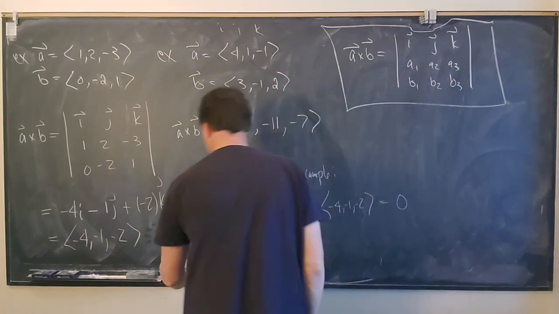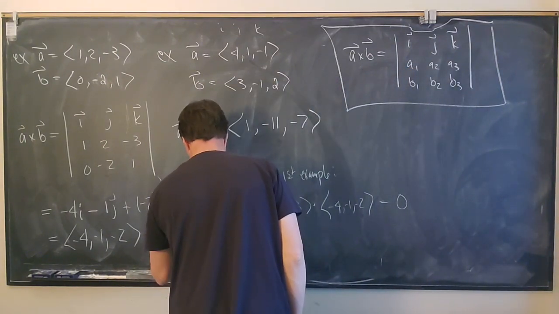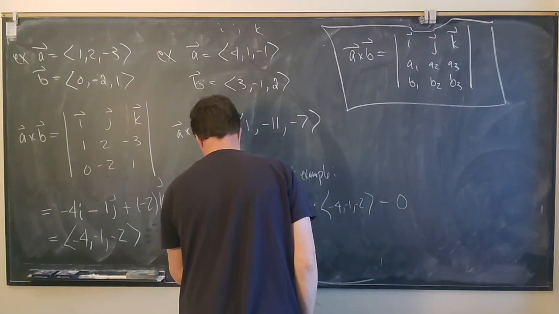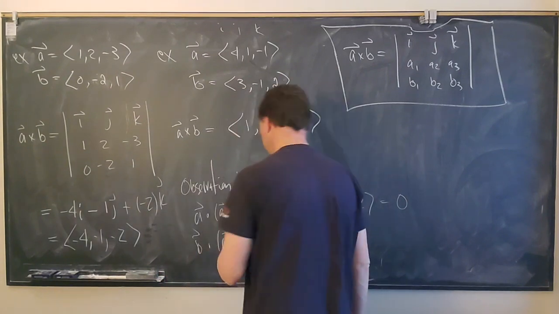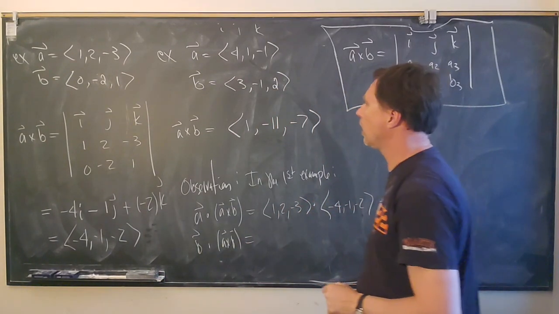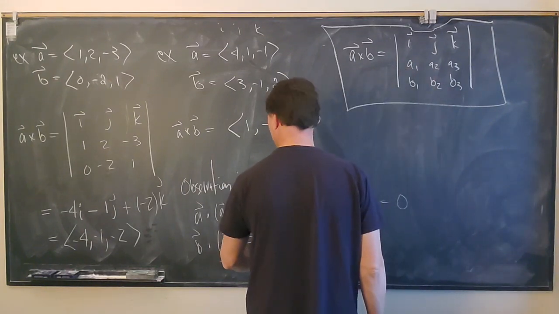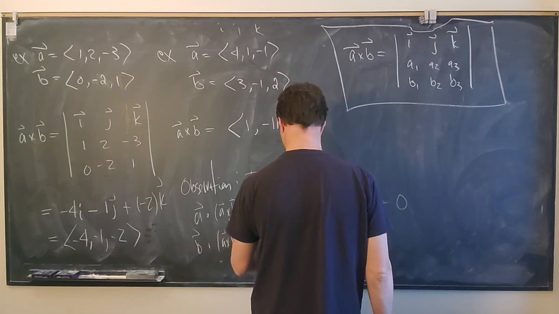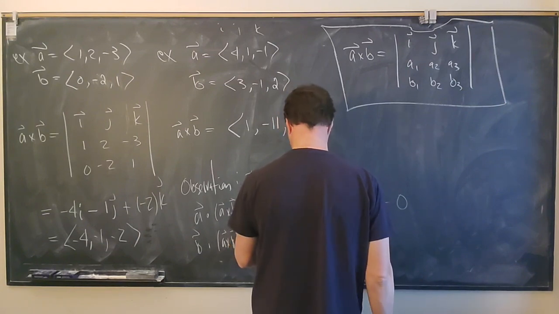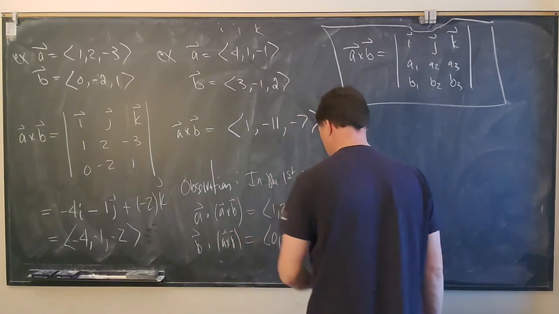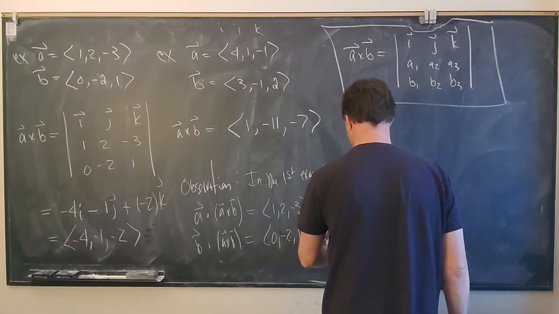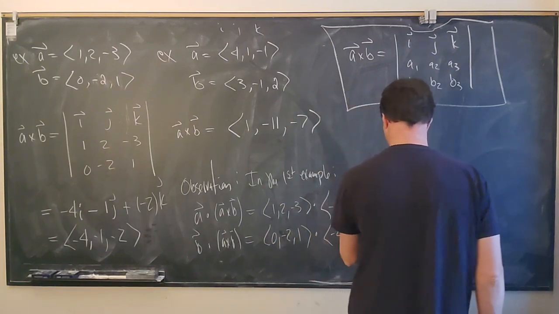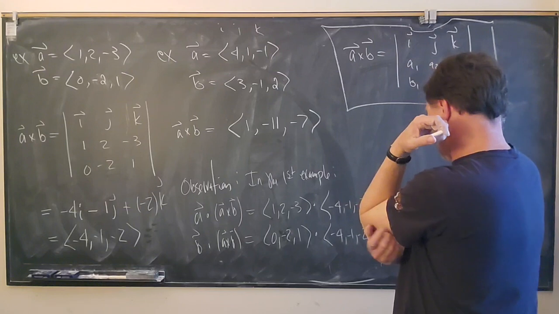Also, let's look at what happens if we do B dot A cross B. So that would be 0, minus 2, and 1, dot negative 4, negative 1, negative 2. So what does that give me?